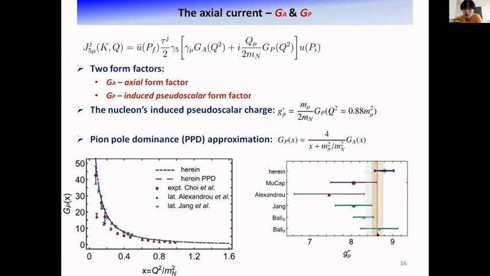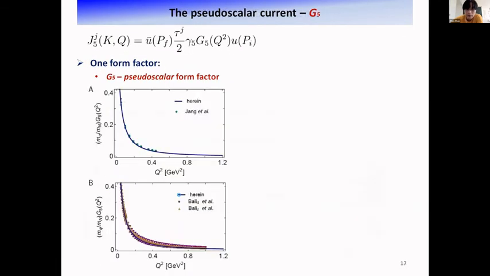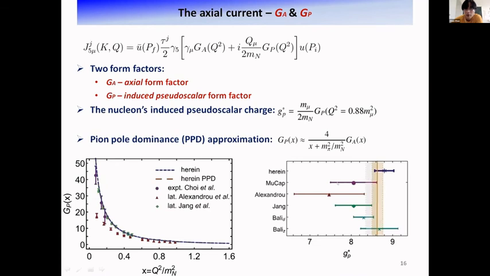Here is our computed GP star, and also compared to the experimental and the lattice results. This blue star is our computed result, and this purple star circle is the experimental result. Here are the lattice results from different lattice groups.